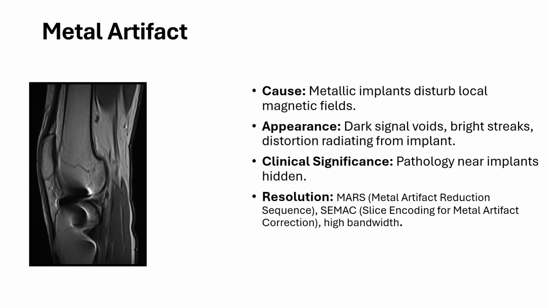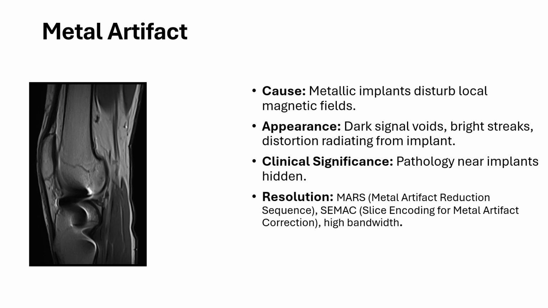Metal artifact. So what is the metal artifact? It is the artifact due to metallic implants that disturb the local magnetic field. Its appearance is dark signal voids, bright streaks and distortion radiating from the implant. As we can see in this image, this is the dark band, and this leads to distortion of the image, that is, the bone is distorted.